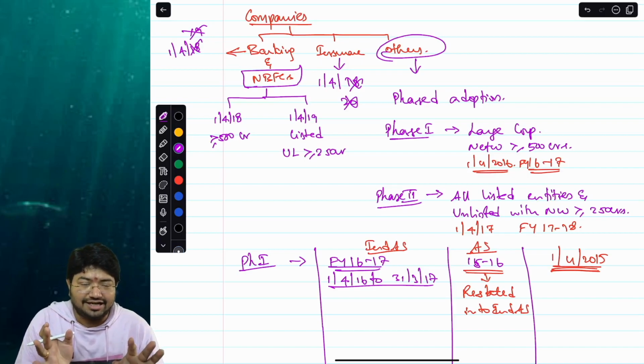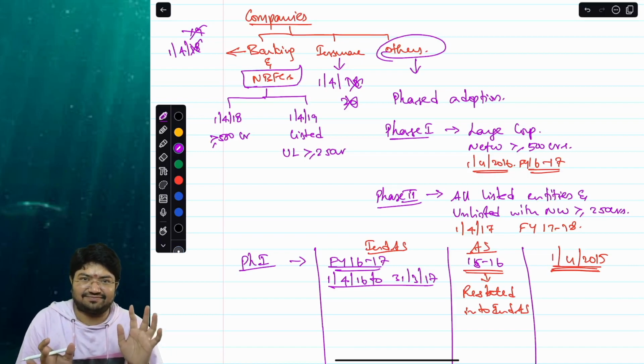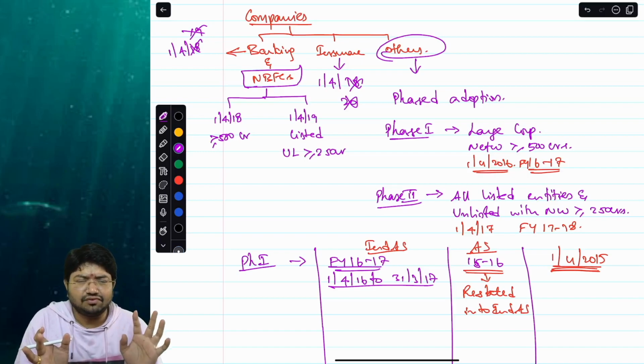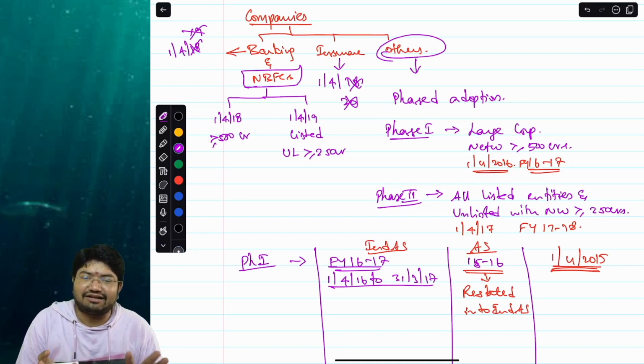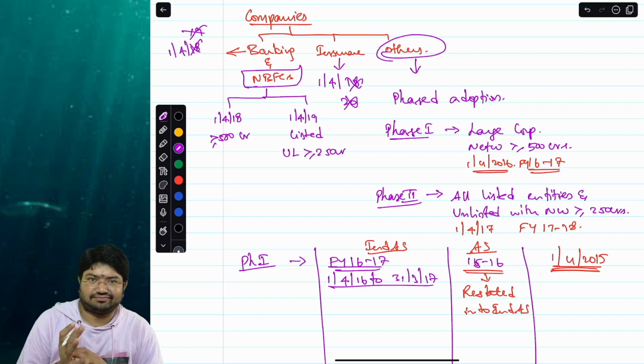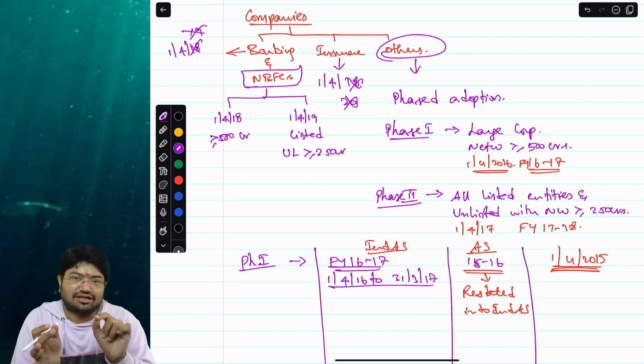For a listed entity, you don't have that clause called net worth greater than 250 crores. Every listed entity, your net worth could be only 10 crores. Your net worth could be negative. Even then, Ind AS adoption is mandatory for a listed entity. But other than listed entity only, this net worth clause comes into the picture.